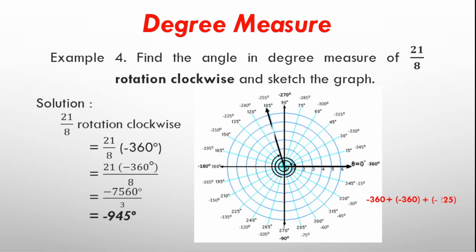So to make it negative 945 degrees, we extend the graph from 0 degrees up to negative 225 degrees. And this is now the graph of the rotation.